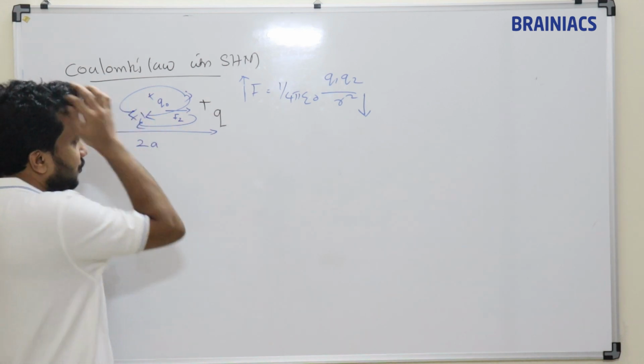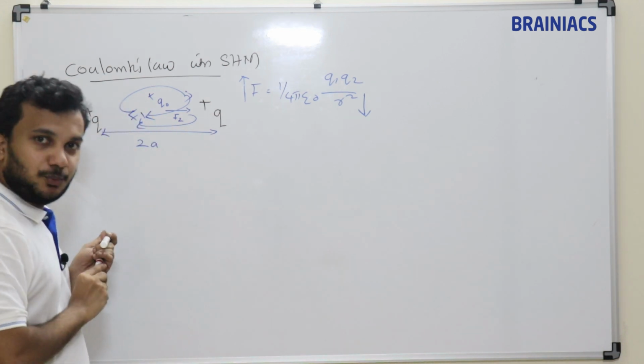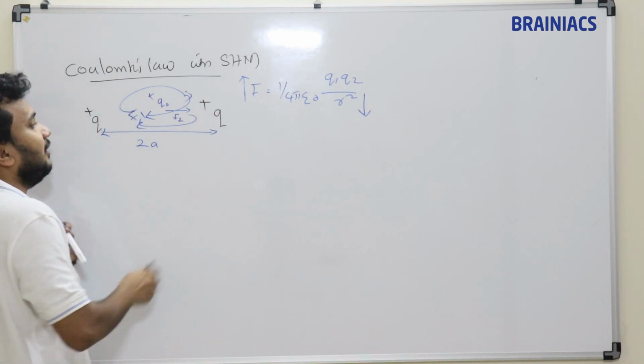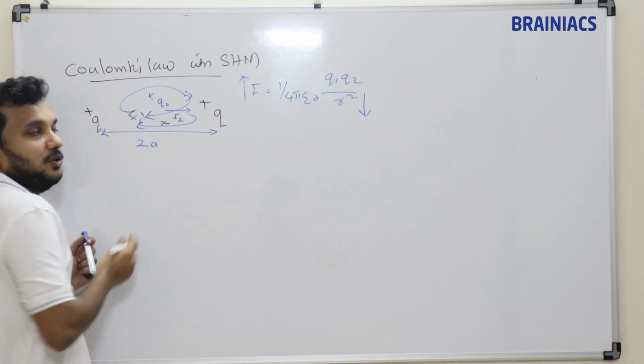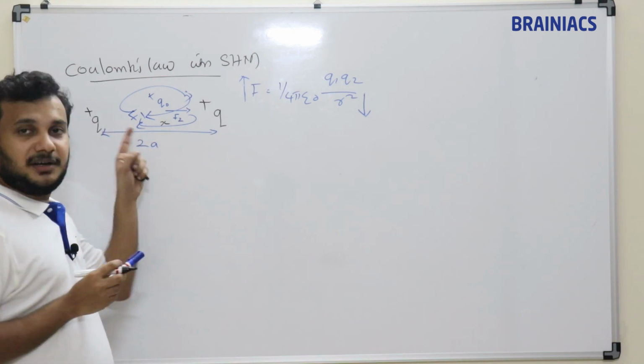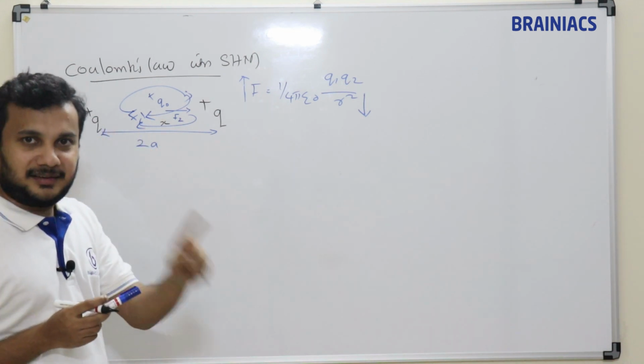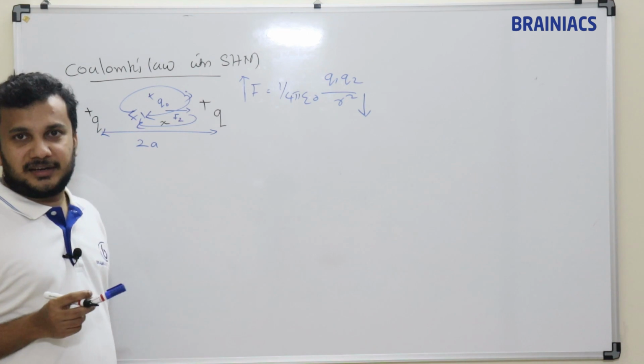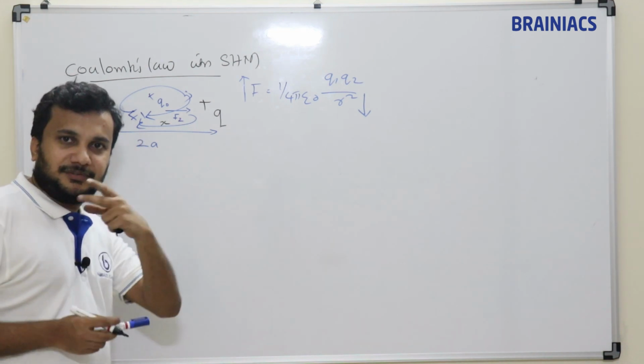Now suppose it is moving back and forth over a distance of x. The question here is: whenever it has moved a distance of x, what is the net force acting on it, either towards right or towards left, it doesn't matter.